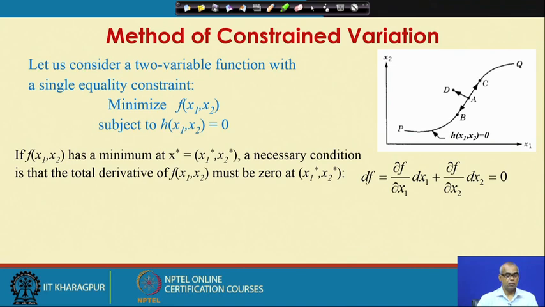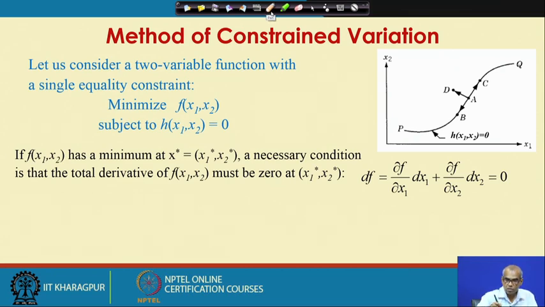If the function f has a minimum at x star, which is x1 star and x2 star, a necessary condition is that the total derivative of f must be 0 at x1 star and x2 star.